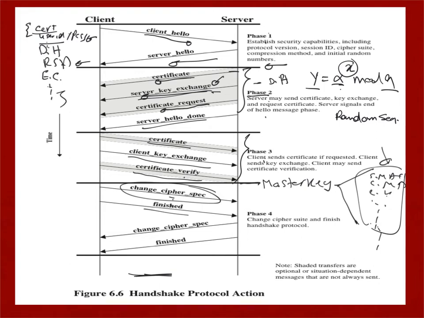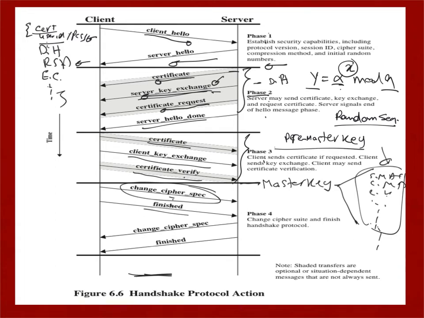If it's RSA, it's the public key, things like that. So we know how to exchange the key, but we send with it a random sequence. Why? Because what we will exchange is not the master key. It's something called the pre-master key. Why?